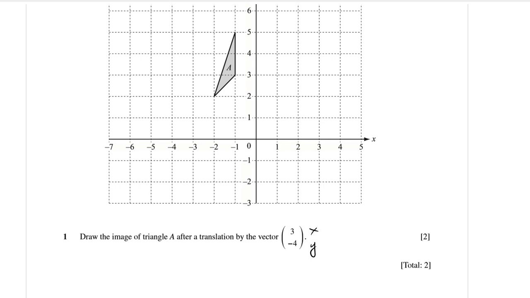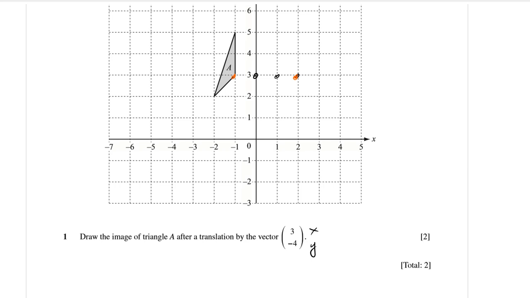So 3, minus 4 would be, as it is positive 3, so it will be 3 points in the right direction. So 1, 2, 3. So now this orange mark would be here.